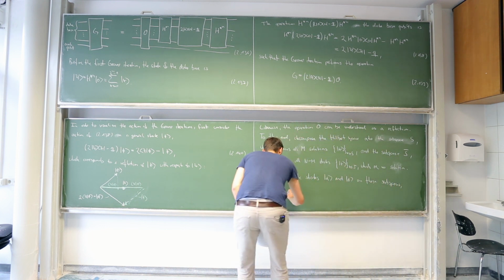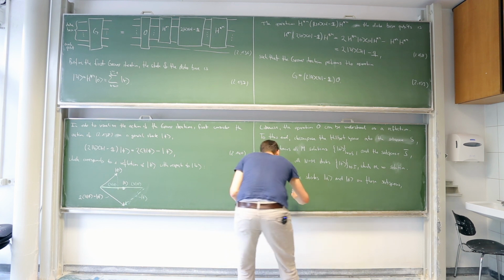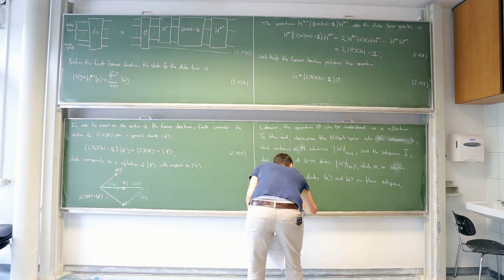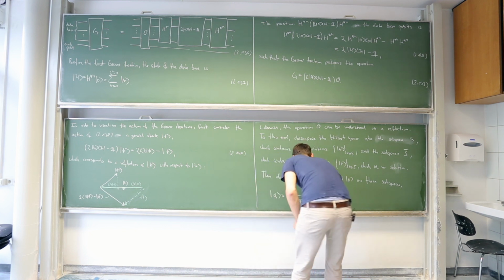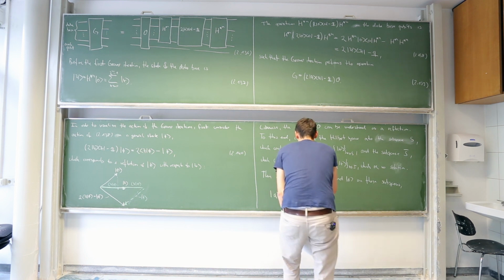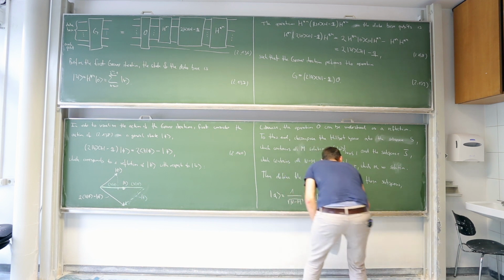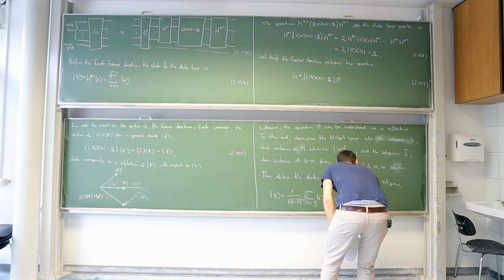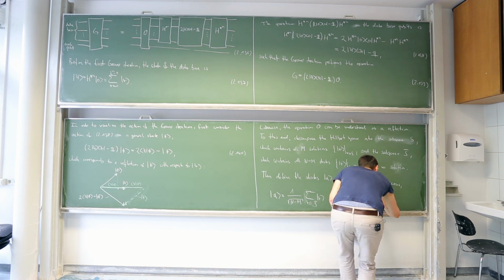So we have α is equal to 1 over square root n minus m times sum over x which is no solution, and β is 1 over square root of m sum over x in solutions.